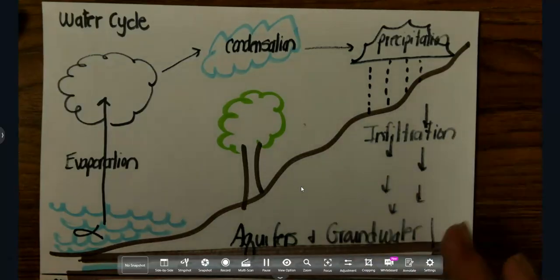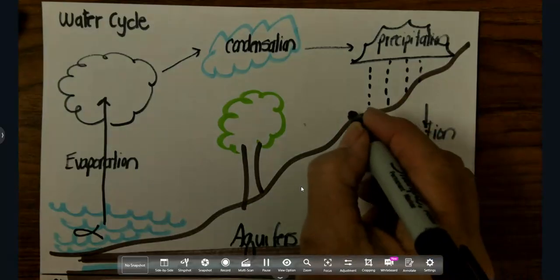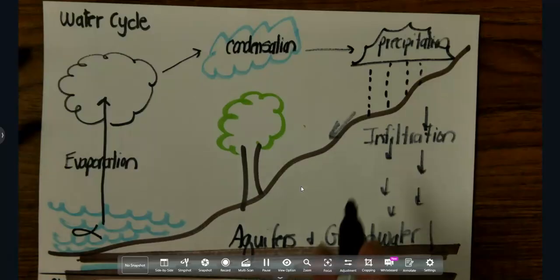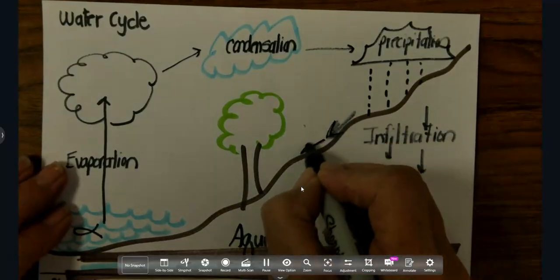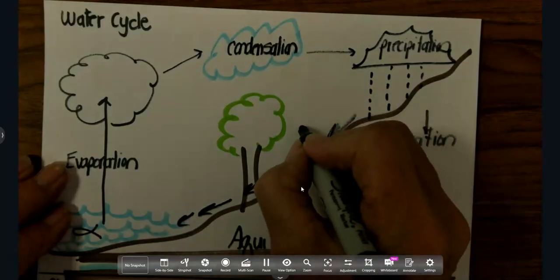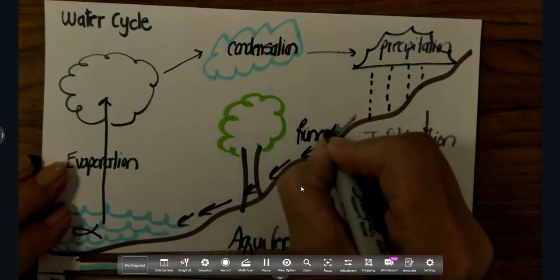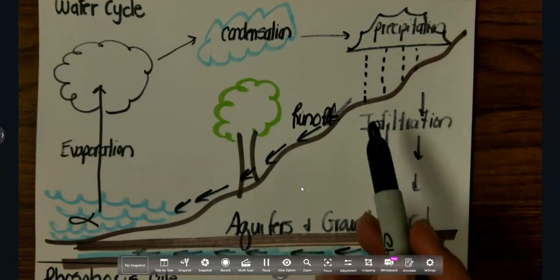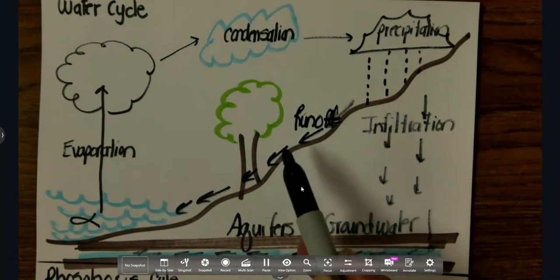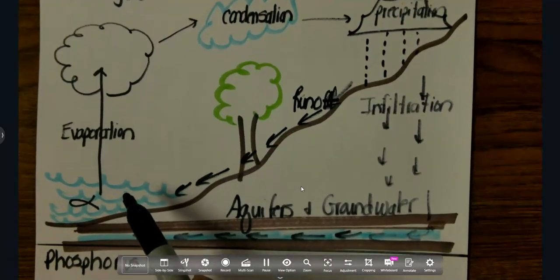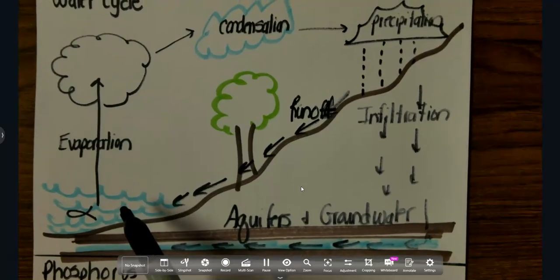We're going to get some of that, but then we're also going to get a little bit of, let me change the pens out here, a little bit of what's called runoff, right? So we get some infiltration and some runoff, and if we get runoff, it's going to run off over the surface and end up back in a body of water, like in our case, the Gulf of Mexico.